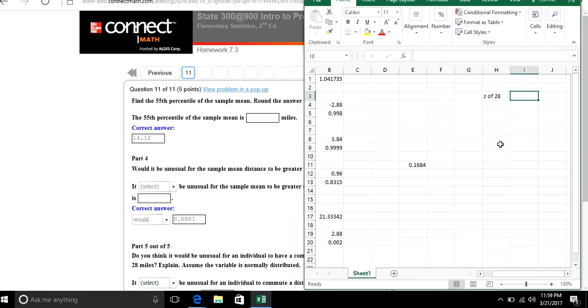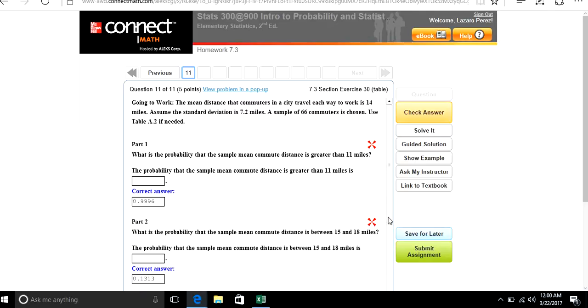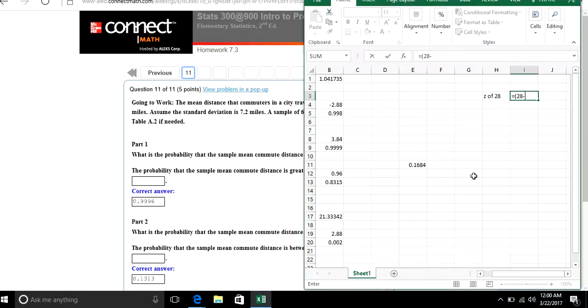Let's put in our z-score formula: 28 minus the mean, which is 14, divided by the standard deviation, which is 7.2.